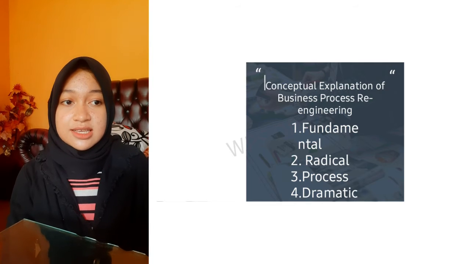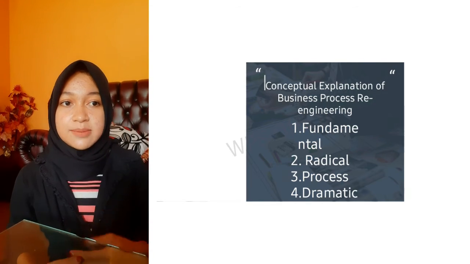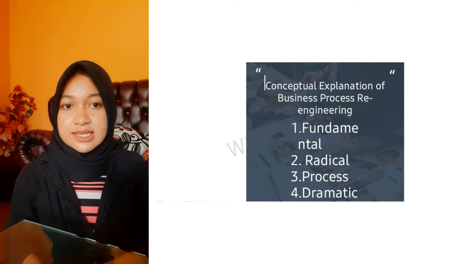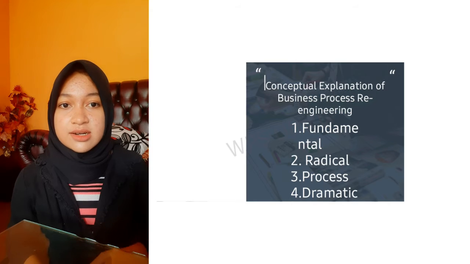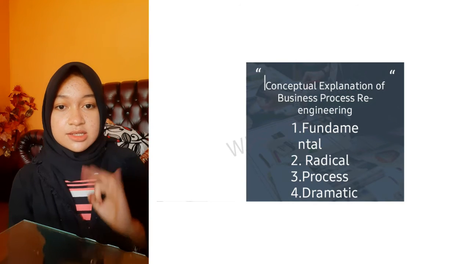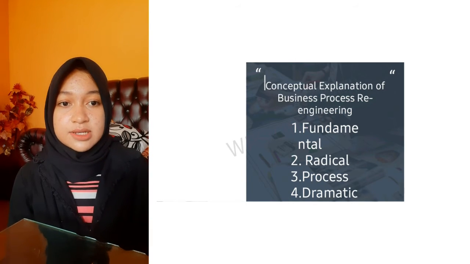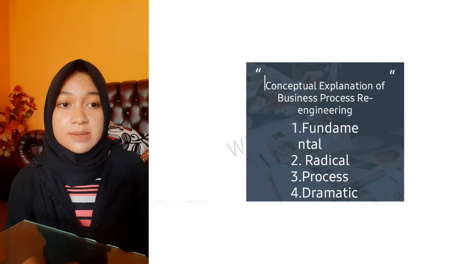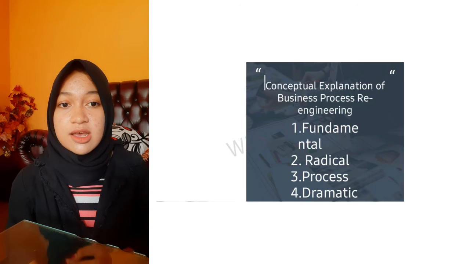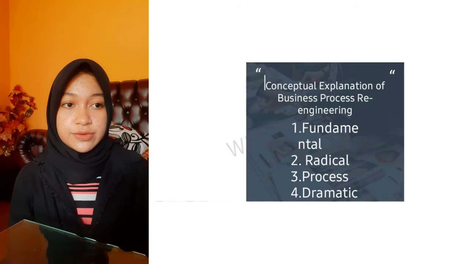Radical reengineering is always associated with a redesign mechanism. It is always seen as coming up with new ideas and innovations so as to discard the existing ones. The third, process. The process can be defined as basic steps followed in a specific manner to produce some valuable output.